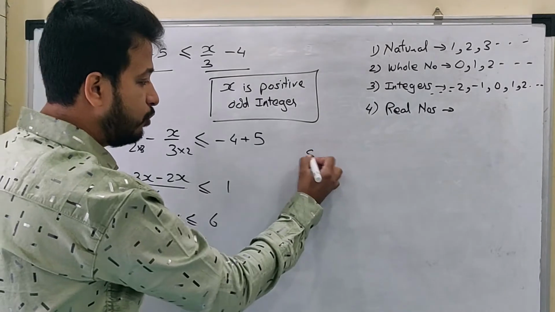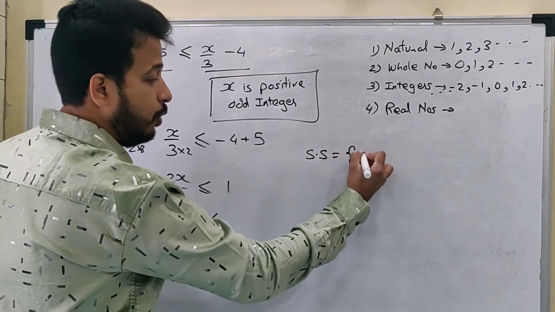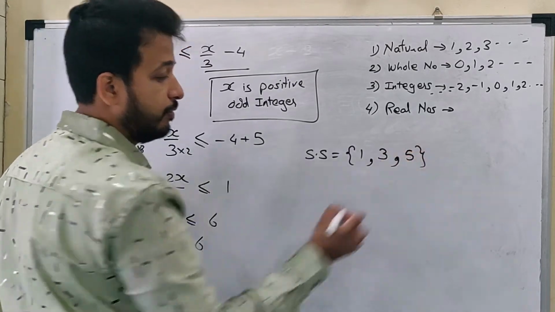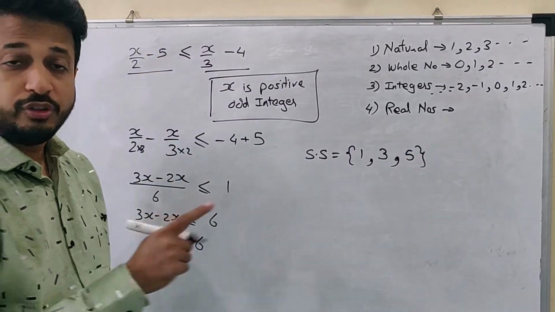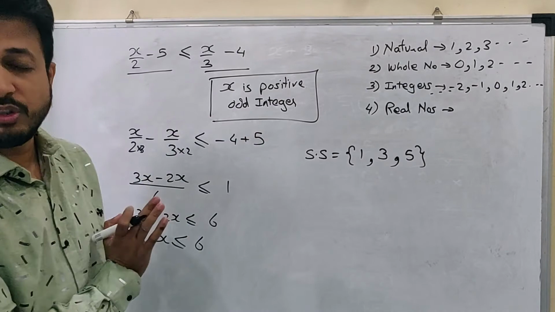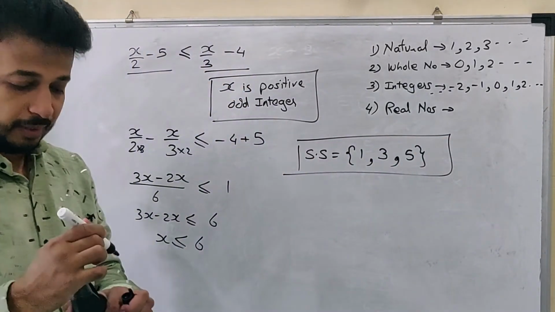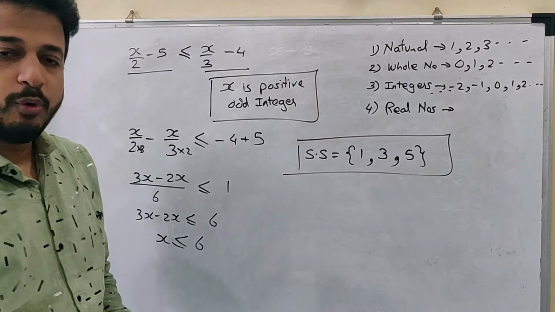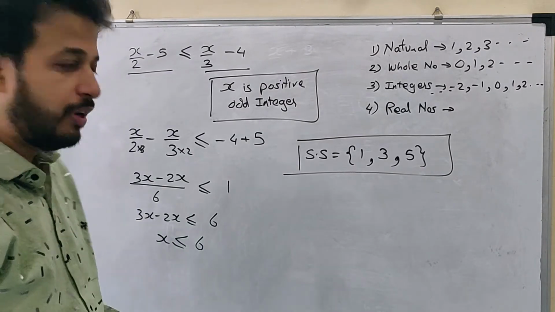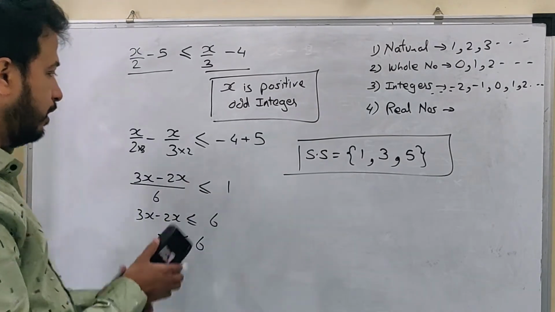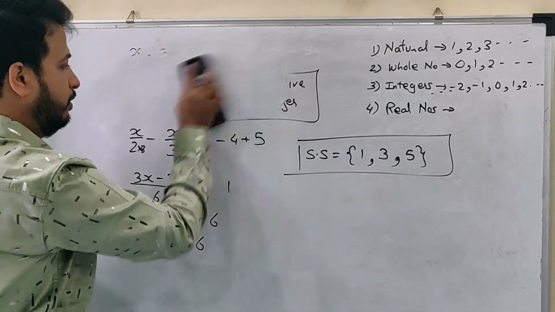So my solution set is 1, 3 and 5. These are the three numbers, and this is my answer, students, right? Let's take one more example so that I can explain in more detail how we can draw the number line in linear inequation.